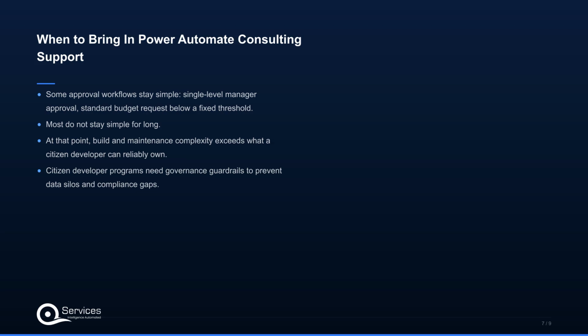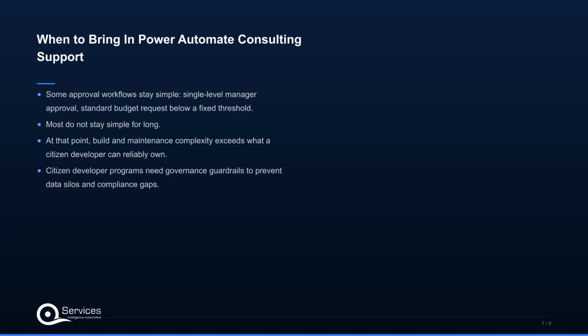A flow needs professional Power Automate consulting when it has more than 3 conditional approval stages, requires integration with an external ERP or CRM, has formal SLA requirements, or processes data subject to regulatory audit. At that point, build and maintenance complexity exceeds what a citizen developer can reliably own.